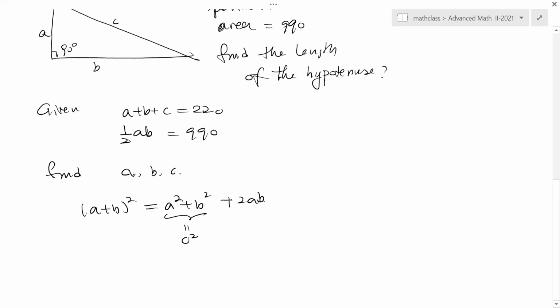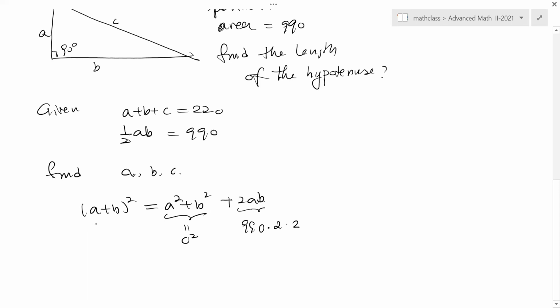So this is already given: AB is 990 times 2, then 2AB is multiplied by 2, so this is a fixed number.